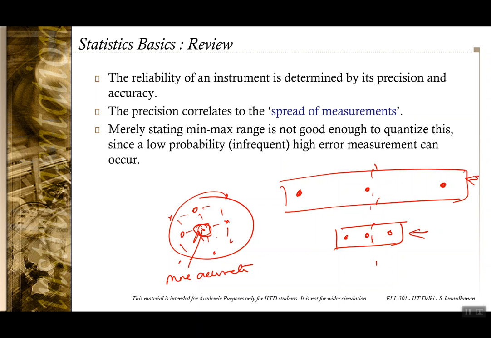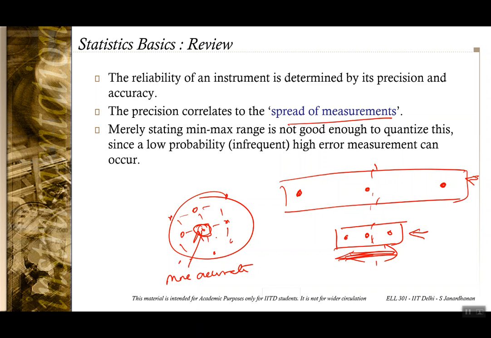So the precision is correlating with the spread of the measurements, and only taking the maximum and minimum value is also not good enough to quantify this spread of measurements.